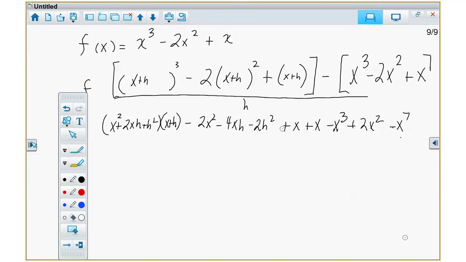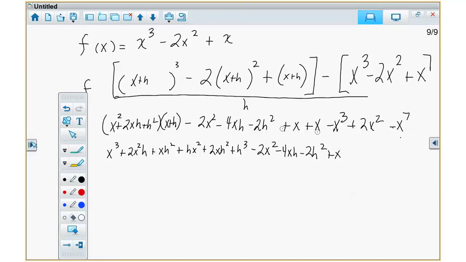Now we still got this to work out. So that's going to be x cubed plus 2x squared h plus xh squared plus hx squared plus 2xh squared plus h cubed minus 2x squared minus 4xh minus 2h squared plus x.